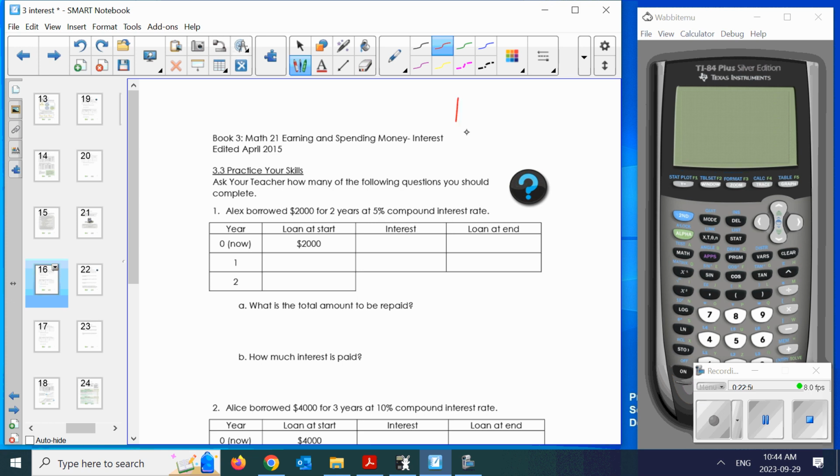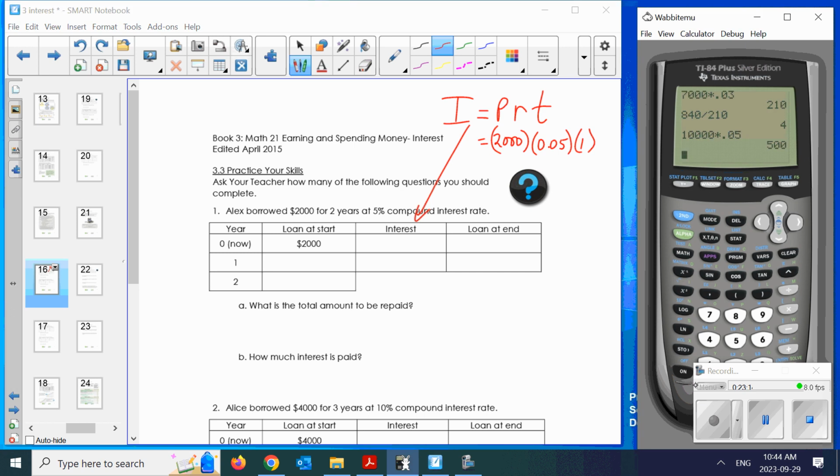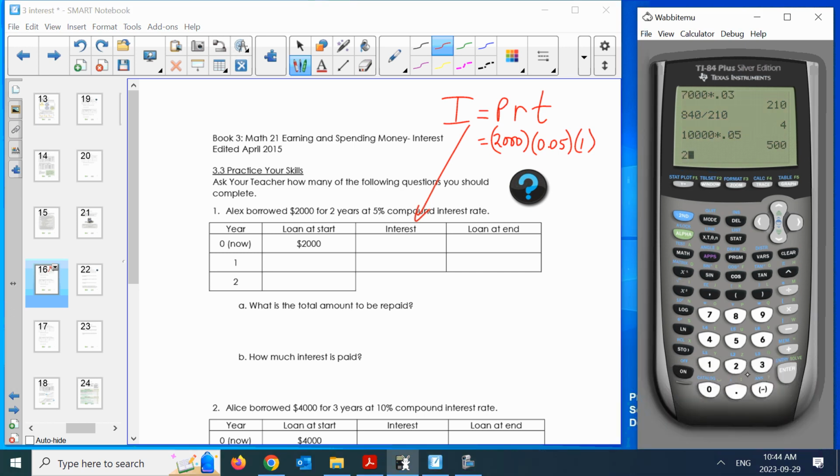Borrowing, we're using I equals PRT. So the interest is what we've got to figure out on $2,000 with a 5% rate, so I'm going to put 0.05 for a year. 0.05 times 1.